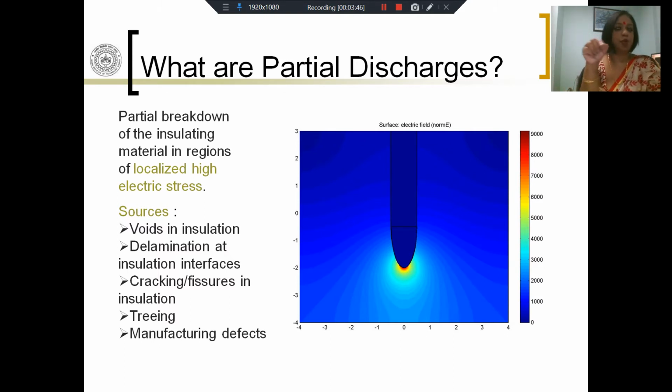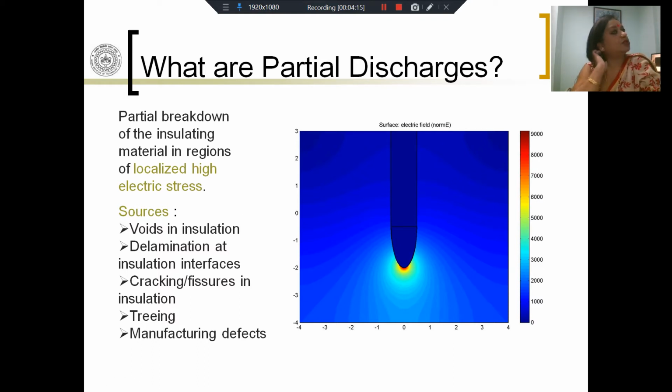There might be small inclusions inside solid insulation, where in these small regions partial discharge happens because of local field enhancement. And most of the time, when we talk about PD, we are talking about PD happening within solids or liquids, which we can't easily see with the open eye. It's not easily visible.